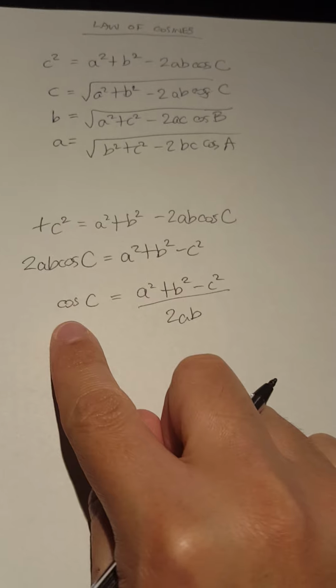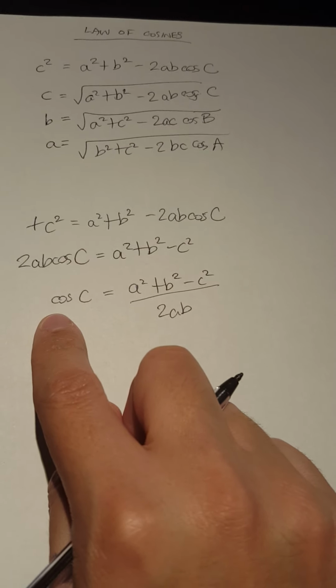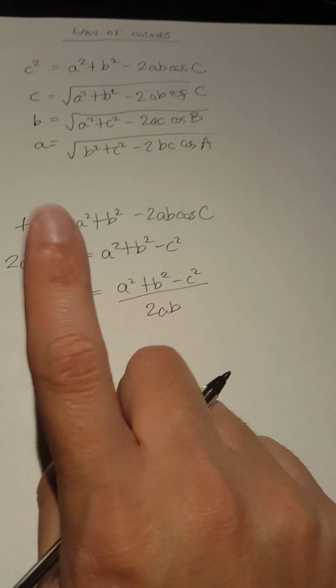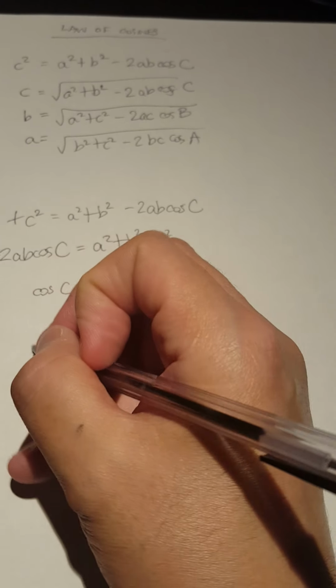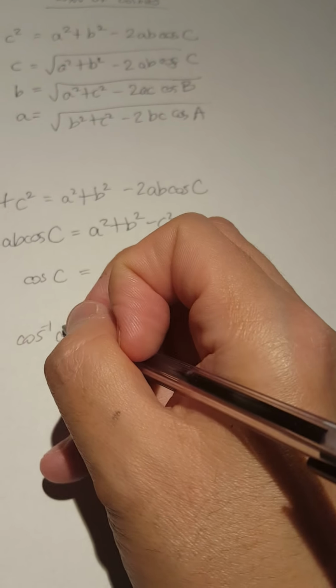Now all we have to do is get rid of the cosine. Since that's a function, how do you get rid of functions? You do that by using the inverse function. The inverse of cosine is inverse cosine. So I'm going to take the inverse cosine of both sides.